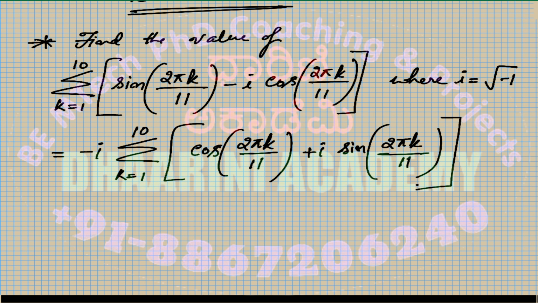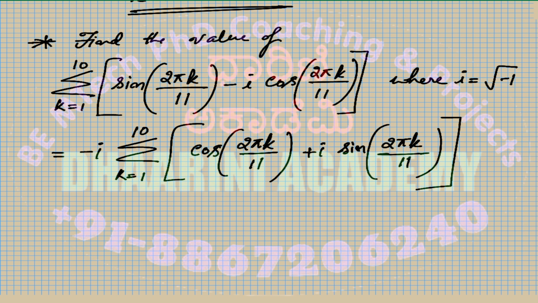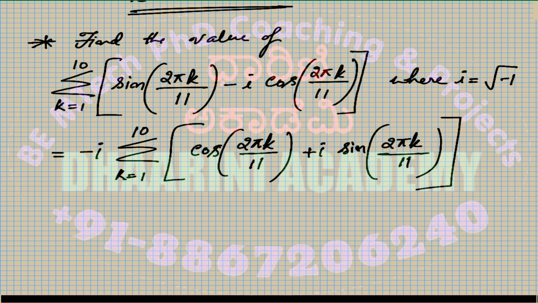Okay, I got this. Now this is in the required format. But still the summation does not start from 0 to 10. So I will add k equal to 0 and remove it again, because adding and removing will make no difference.